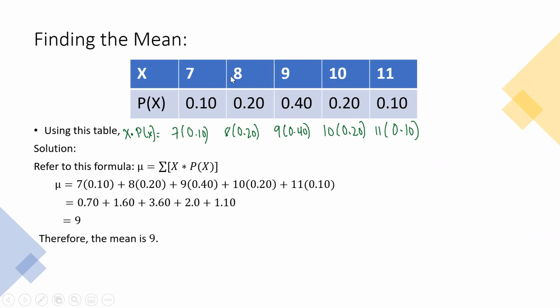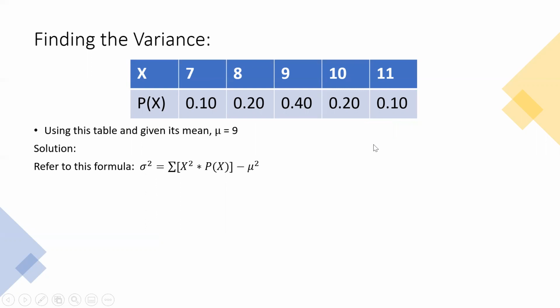Okay, so we're now going to find the variance. Keep in mind that to find the variance, we have to make sure that our mean is given. So the mean there is 9, right? Our first step is we're going to find the square of each x first.